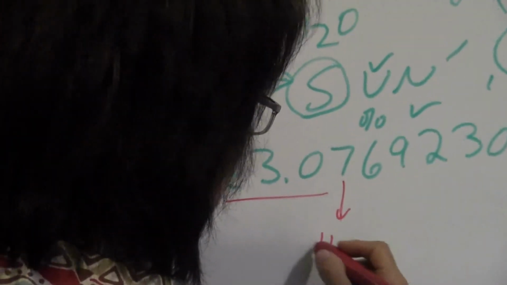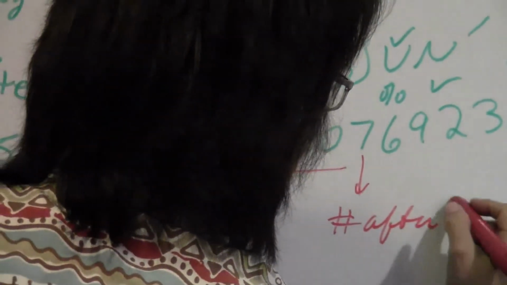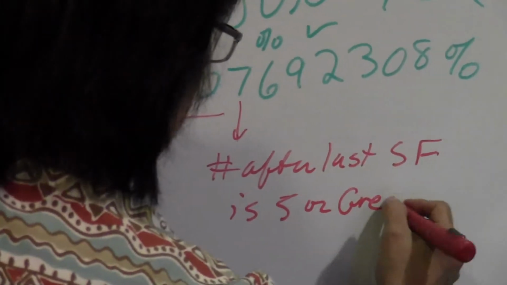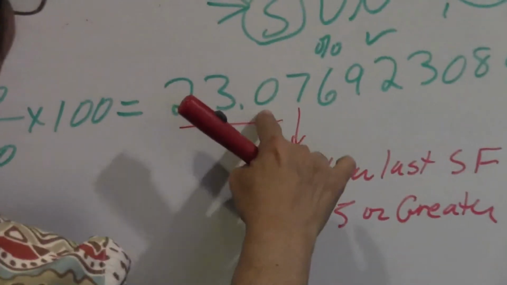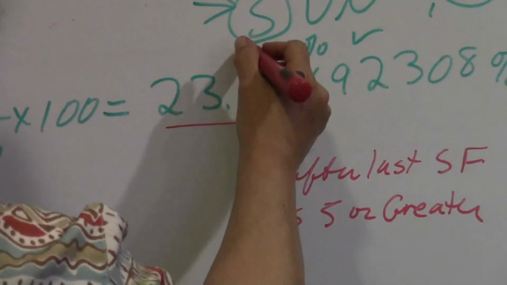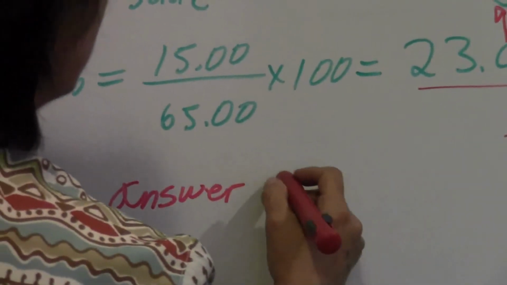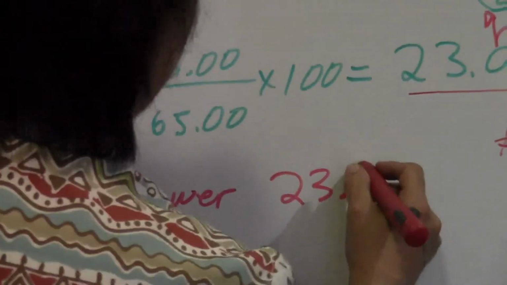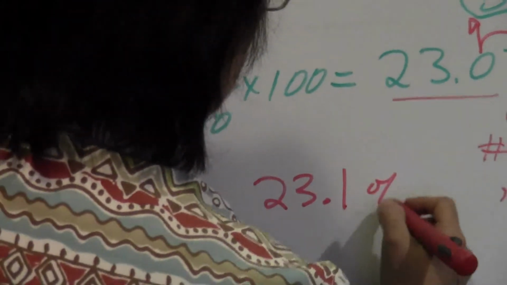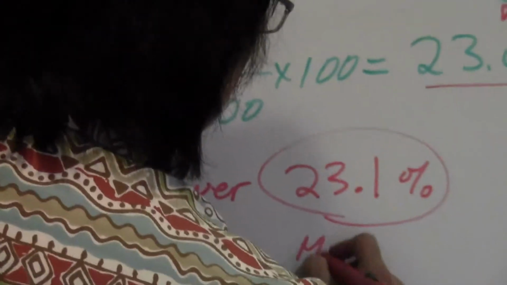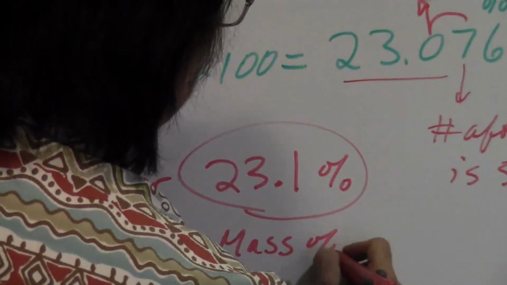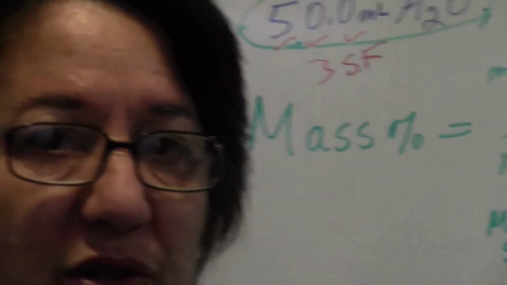Since our number after the last significant figure is 5 or greater, we're going to round that last number, 0, up to 1. So our answer is going to be 23.1%. That's the mass percent of magnesium sulfate in our solution.